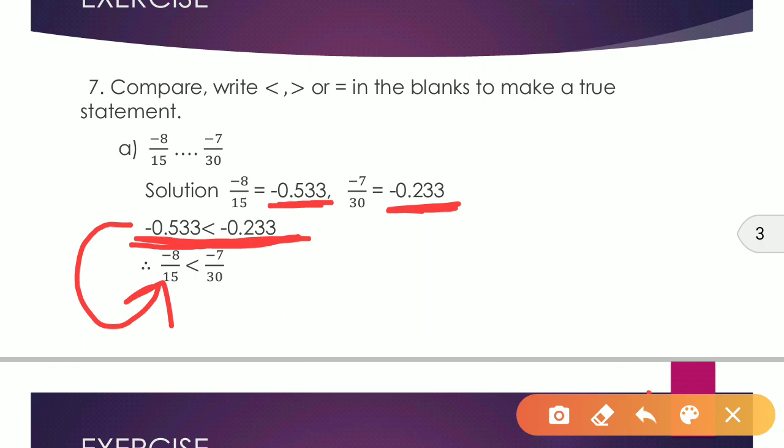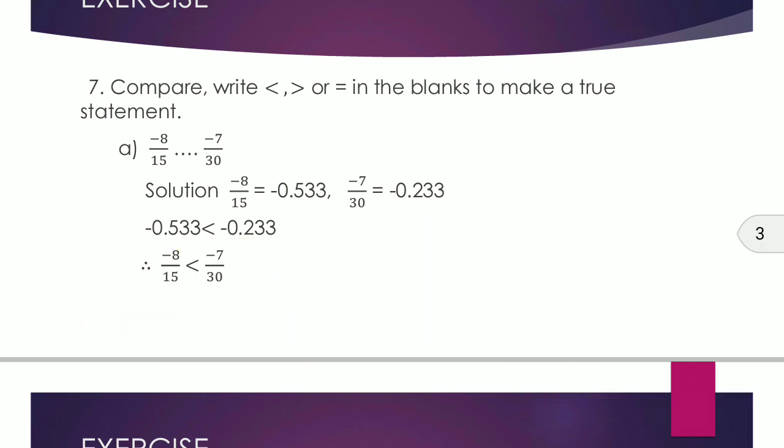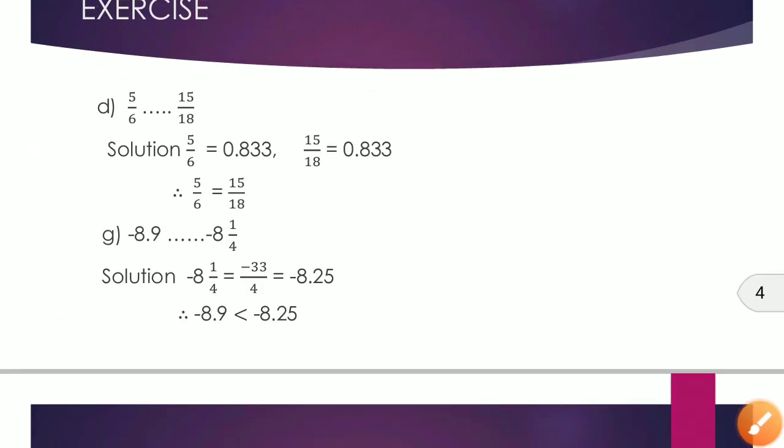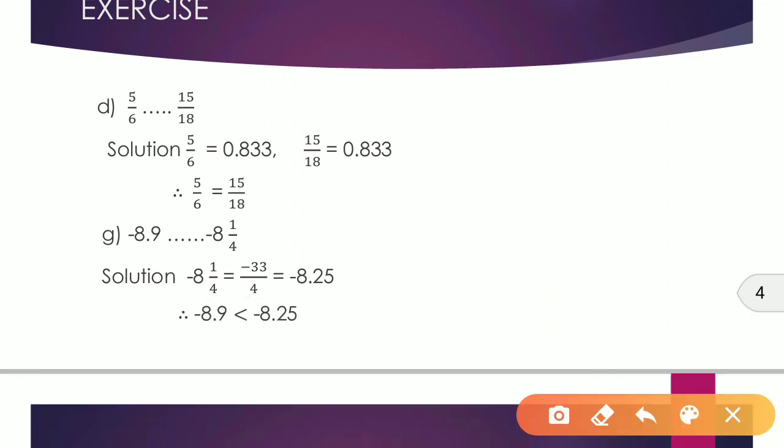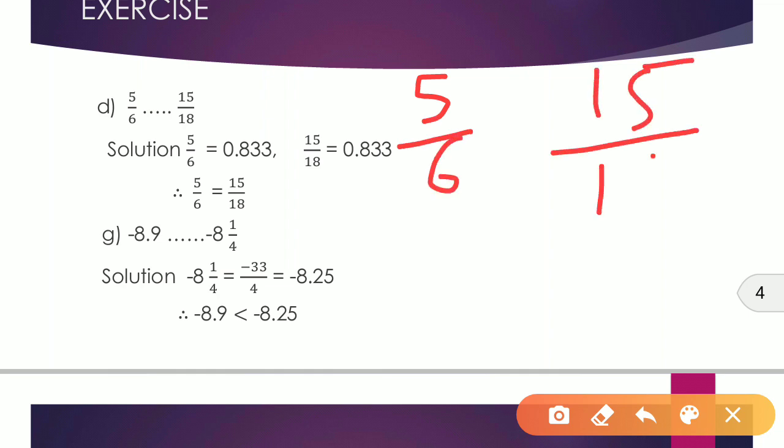Let's understand it by another example. You have to compare minus 5 by 6 and minus 15 by 18. First, you convert 5 by 6 into decimal. 5 by 6 gives you 0.833 and 15 by 18 gives you 0.833. Both are same.